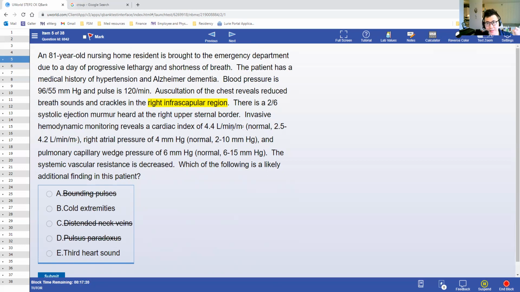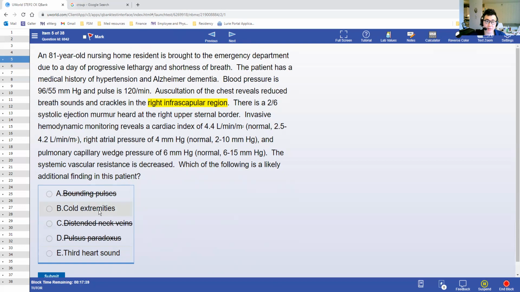Maybe it's not quite septic shock yet, but the person's increasingly becoming septic. And maybe the nursing home just put fluids into her trying to fix this issue. That explanation would make sense to me. And in that case, you would hear a third heart sound.